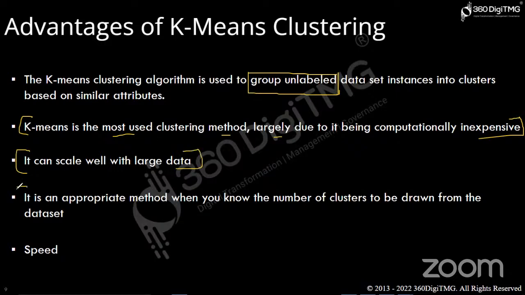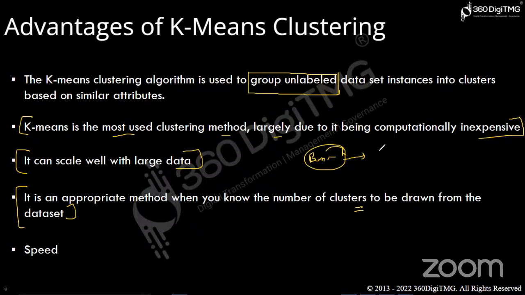It is an appropriate method when you know the number of clusters. How do you get these clusters? It is based on the data and the business knowledge, maybe from your stakeholders.